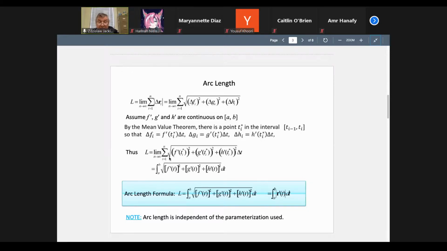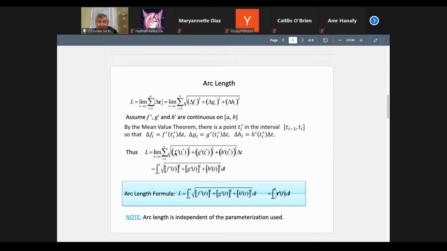And of course, now what is the limit of this? Well, if you substitute this, you get the limit of the square root of f prime squared plus g prime squared plus h prime squared, times delta t squared, and you factor out delta t. And of course, you recognize that this is a Riemann sum.